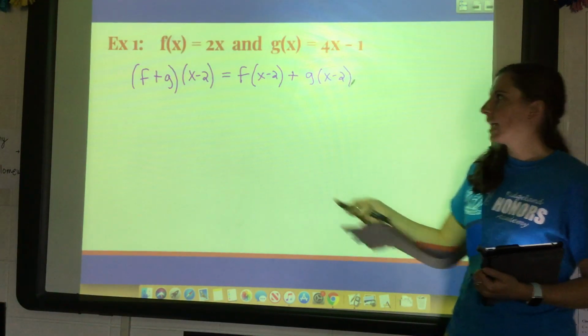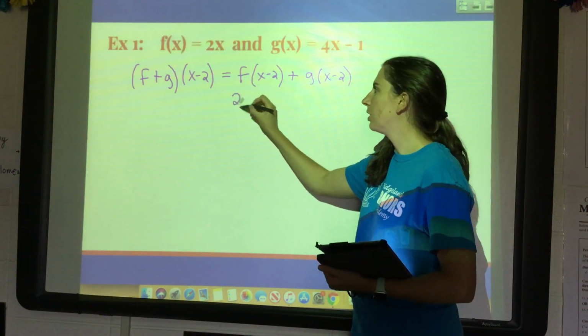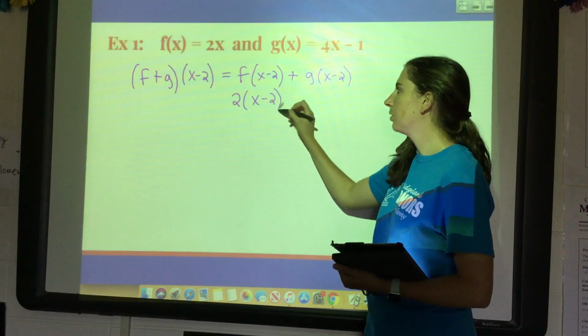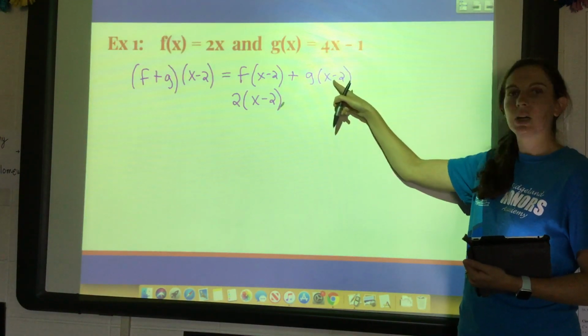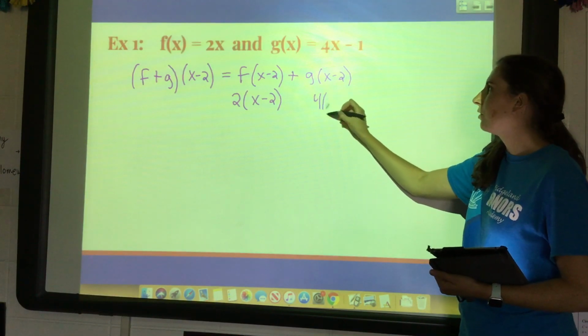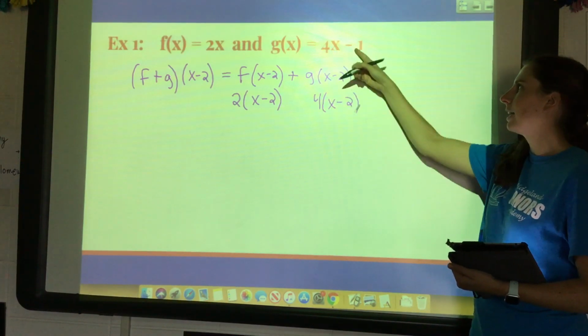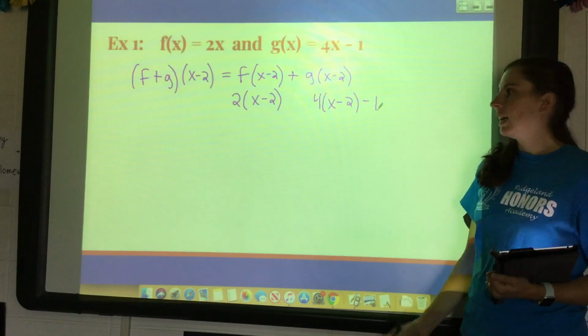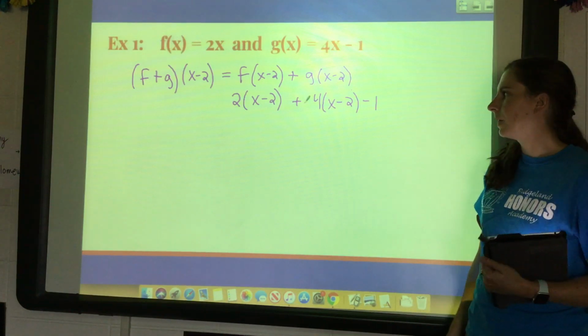So if I were to take out this x and put in this input instead, I would get 2 times x minus 2. That's for f. For g, if I were to take out the x and put in this, I would get 4 times the new input minus 1. And then, since I'm adding, we'll add them.